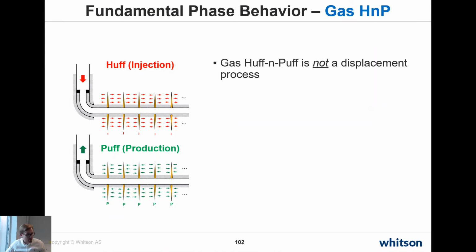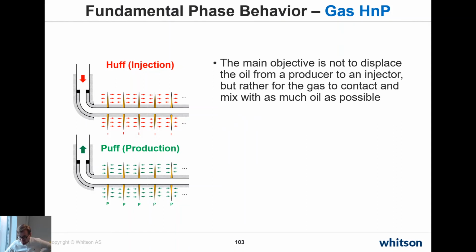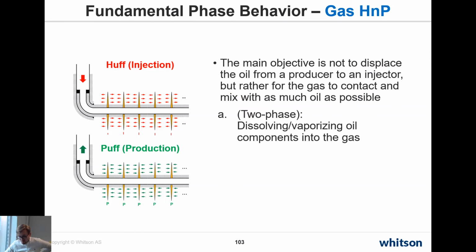Good. Again, gas huff and puff is not a displacement process. The key mechanisms behind developed miscibility that's found in conventional gas injection literature are less relevant. So the main objective is not to displace oil from a producer to an injector, but rather for the gas to contact and mix with as much oil as possible, leading to two potential key recovery mechanisms, which is dissolving or vaporizing oil components into the gas.